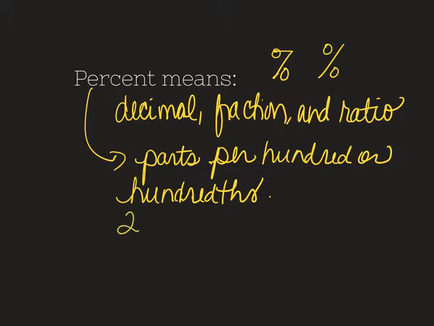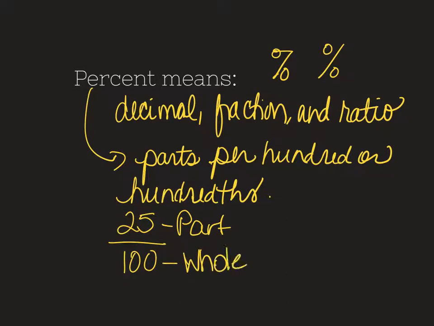Well, 25 over 100 as a fraction would mean 25%, which is your part, and the whole is the bottom part, which represents 100 because it's in 100%. Of course, this would read as 25%.